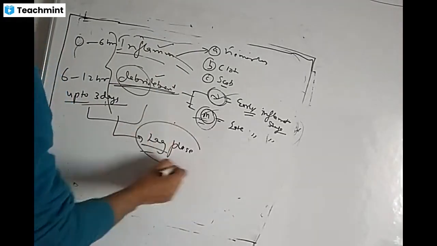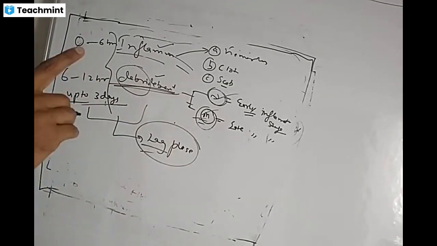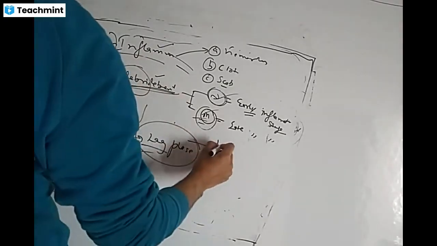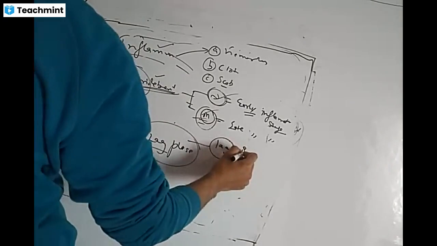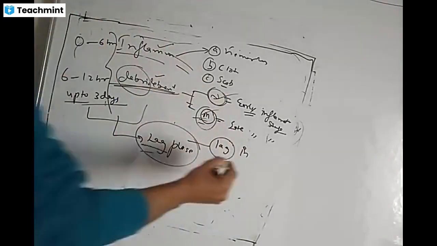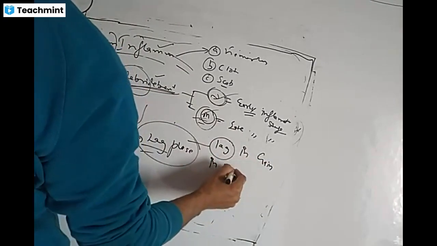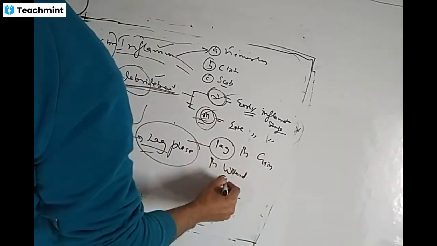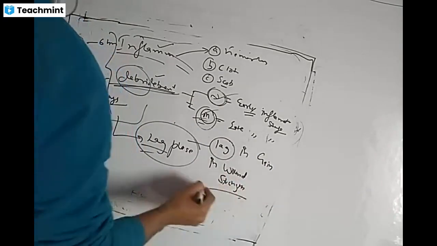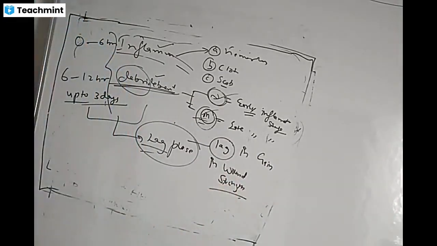The term given is lag phase. Lag phase means there is a lag. Lag in what? There is a lag in gain in wound strength. Up to this point, in this wound, there is no collagen deposition.